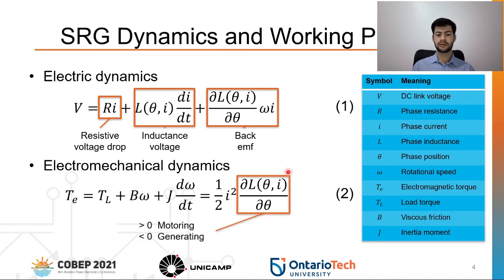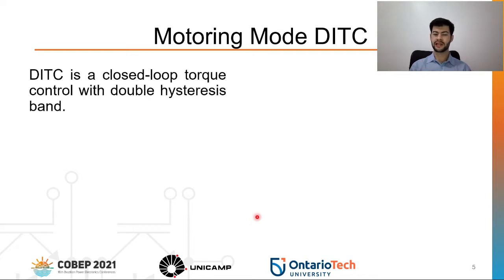However, if we look at the inductance derivative according to the position, if the inductance derivative is positive while the motor is being driven, then the operation will be in the motoring mode. And if the inductance derivative is negative while we are applying voltage in the machine, the operation will be in generating mode.